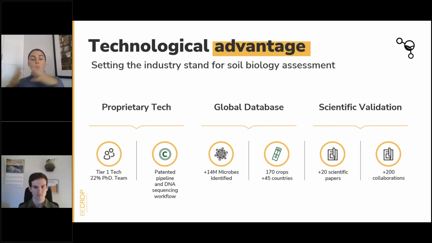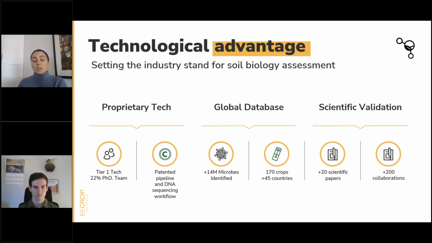We have a soil database that has soil samples from across the world, and we have over 170 crops in our database. So we have the largest global database to date in terms of soil biology, diversity and cropping systems, and a global database that covers over 45 countries. So, that's the robustness of our intelligence on the back end of our system.